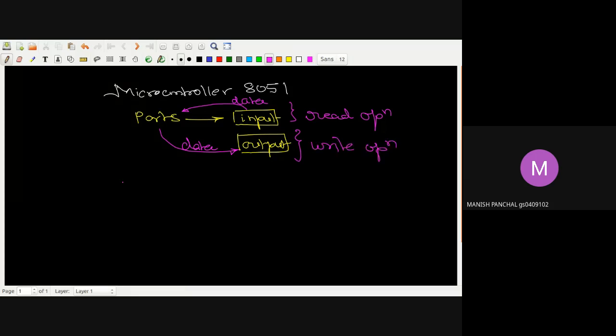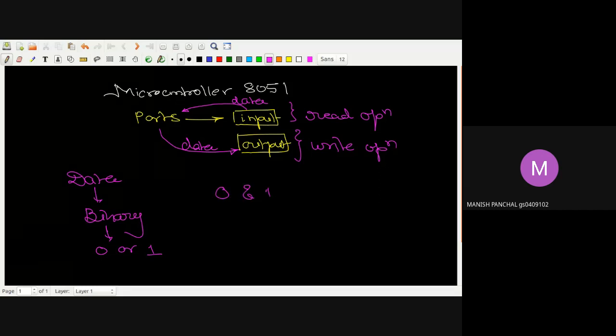Okay, so if I talk about the data, it may have two formats in binary. Either it may be 0 or 1. The 0 and 1 correspond to voltage levels.